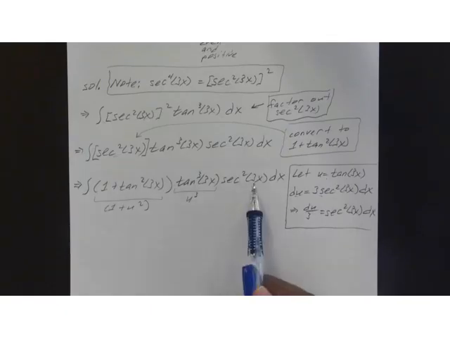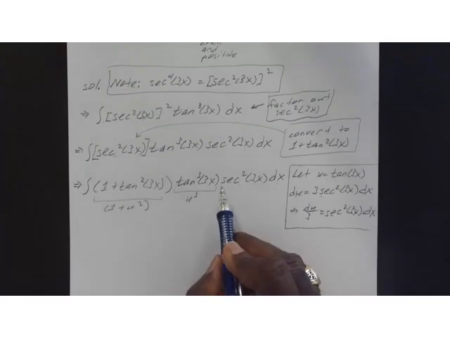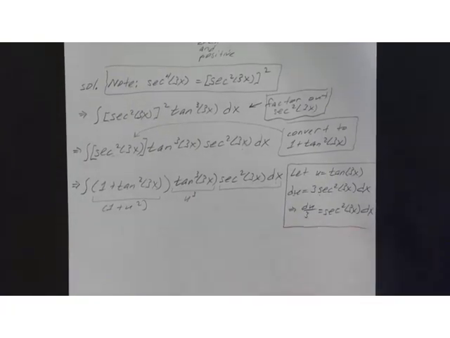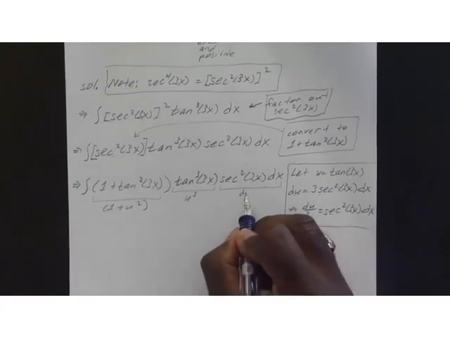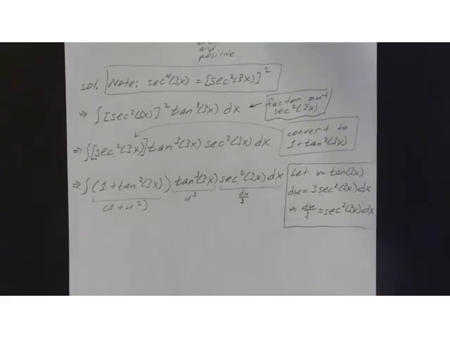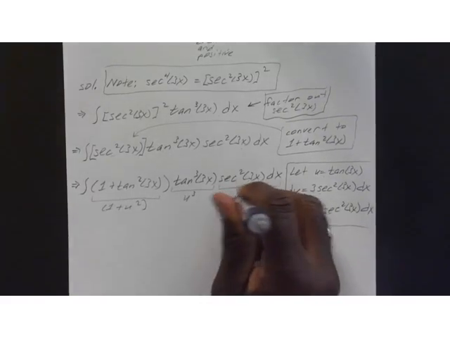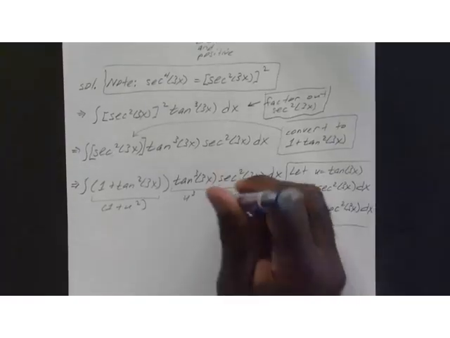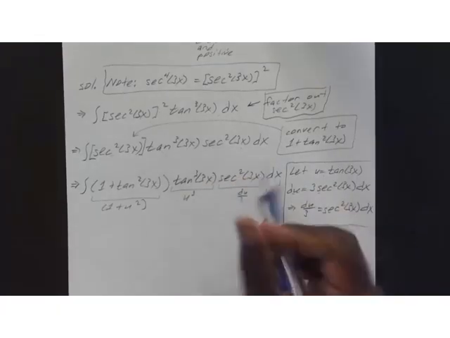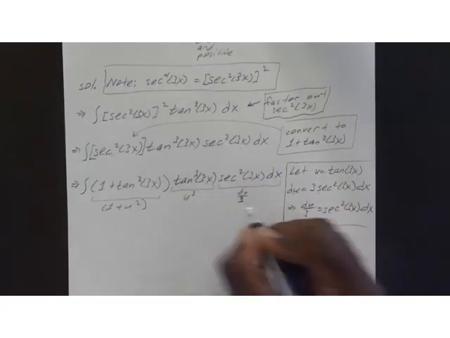And that secant squared of 3x with respect to x, that part just becomes our du divided by 3, or you can say 1/3 du. Either way works.